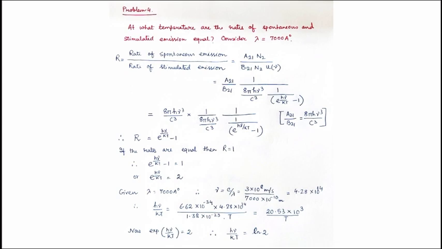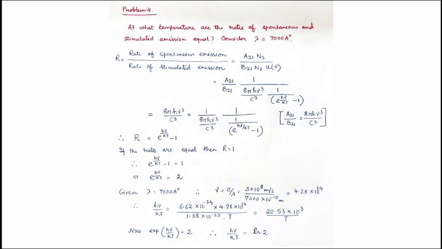Frequency nu is c by lambda, which we can easily get because lambda is given. So for h nu by kT, h is known, nu is known, and we know the Boltzmann constant; only T is unknown. From here we can easily find h nu by k by putting in all the values, and we get 20.53 into 10 to the power 3.